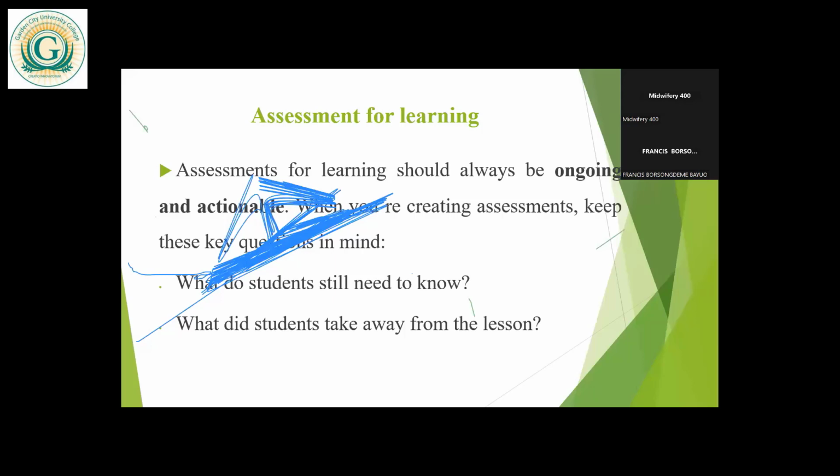So that's why we have questions such as, what do students still need to know? I teach you for 20 minutes, I ask you questions, and based on your feedback, I will know exactly what you need to know again.